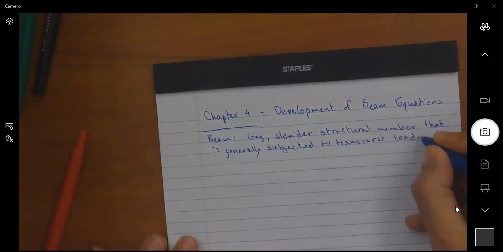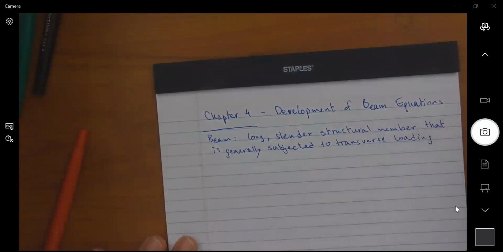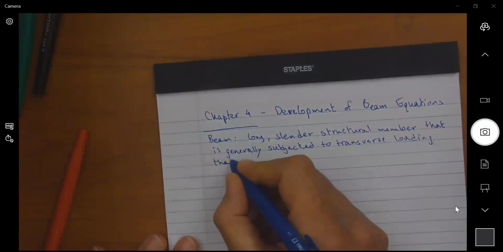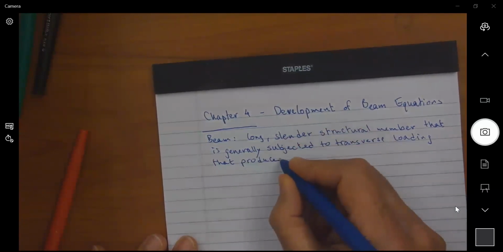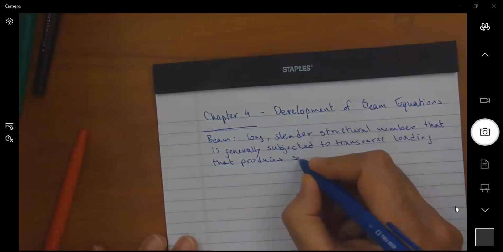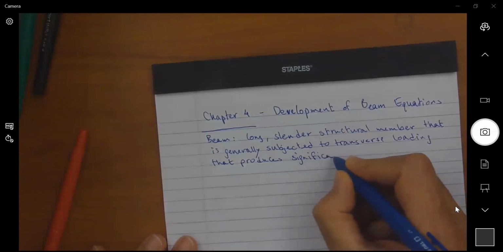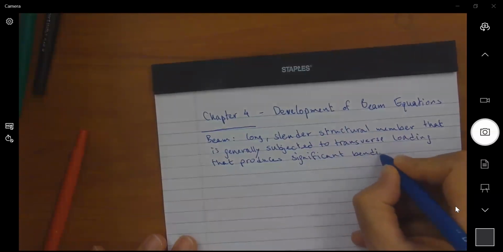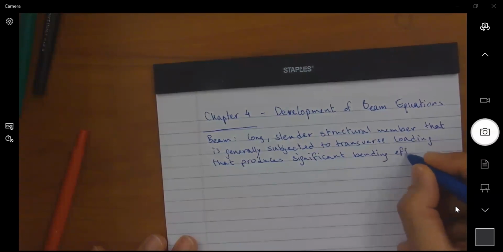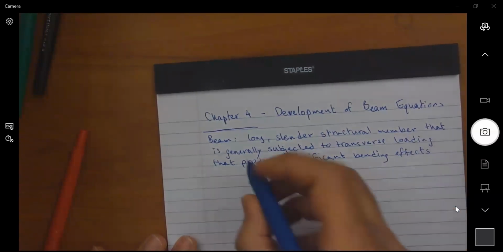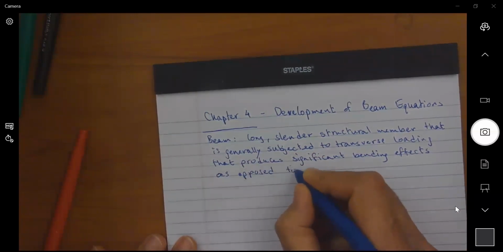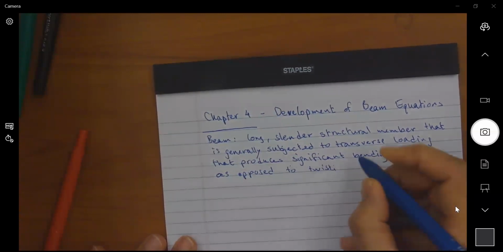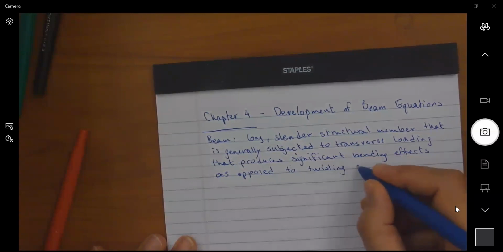And when I say transverse loading here, they're perpendicular to its axis, right? And these transverse loads, perpendicular to the axis of the beam, would produce significant bending effect as opposed to twisting or axial stresses.